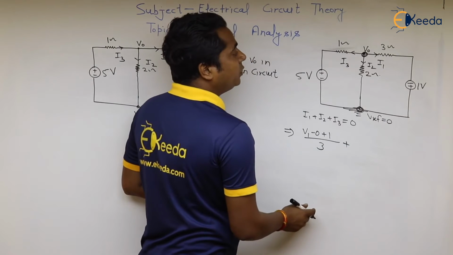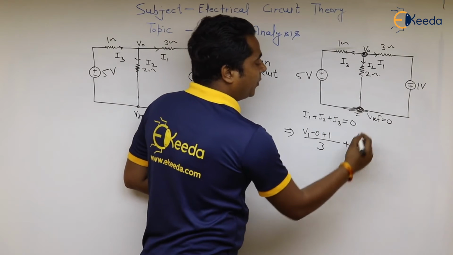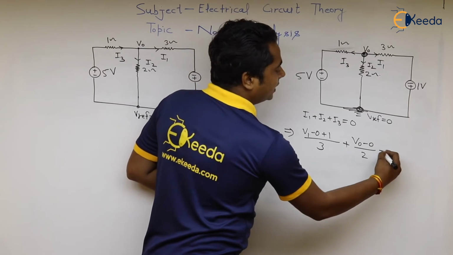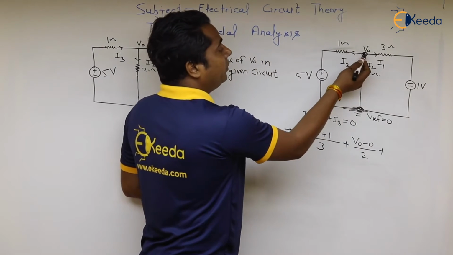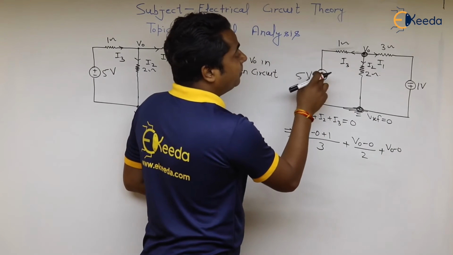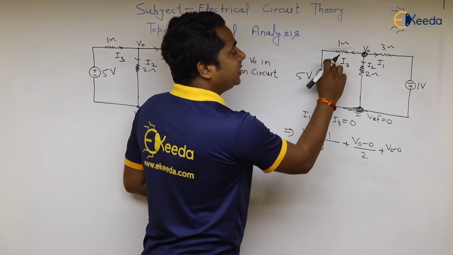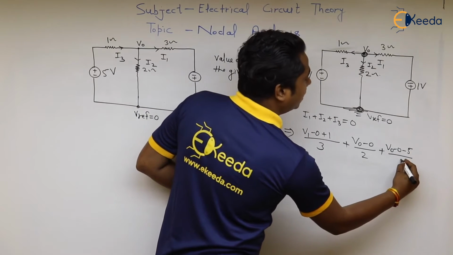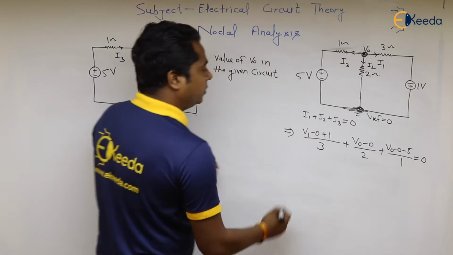Plus I2 will be equal to V0 minus 0 upon 2, plus the I3 value will be equal to V0 minus 0, V0 minus 5, because this source is opposing I3, means minus 5 upon 1 is equal to 0.